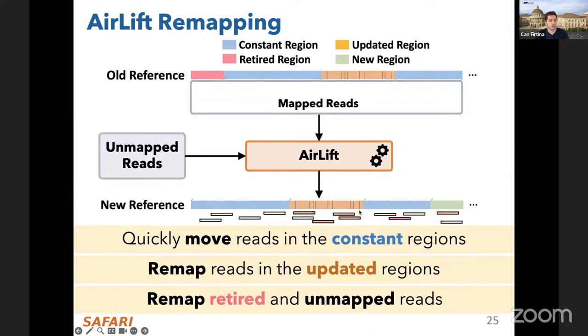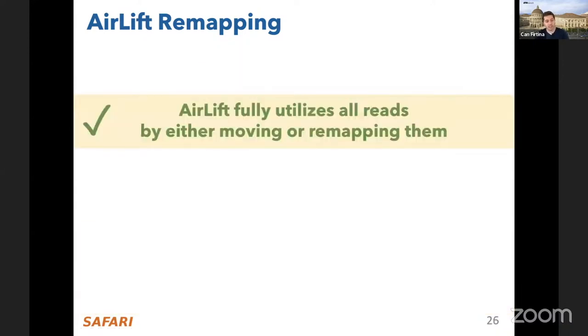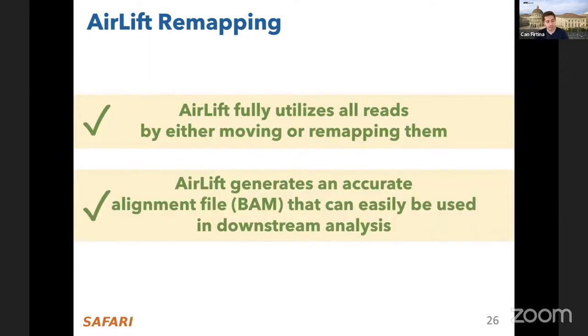And last, we map all unmapped reads to the new reference genome. By following all of these steps, AirLift fully utilizes all the reads by either moving or remapping them, and AirLift generates an accurate alignment file, a BAM file, that can easily be used in downstream analysis.